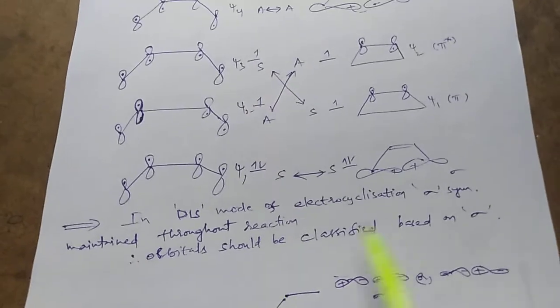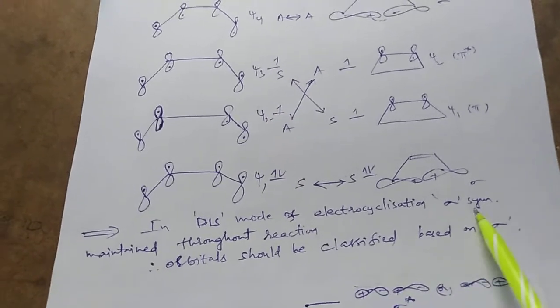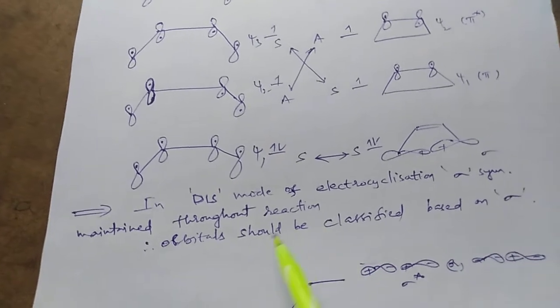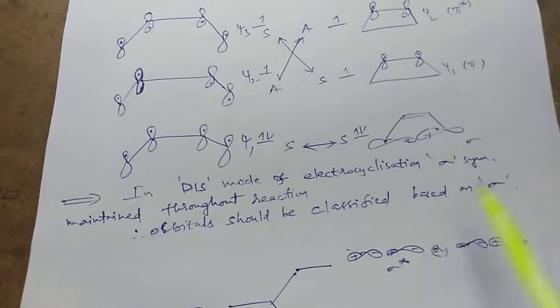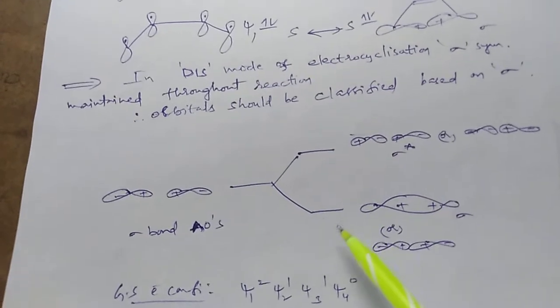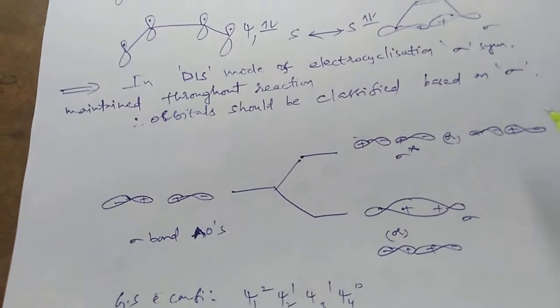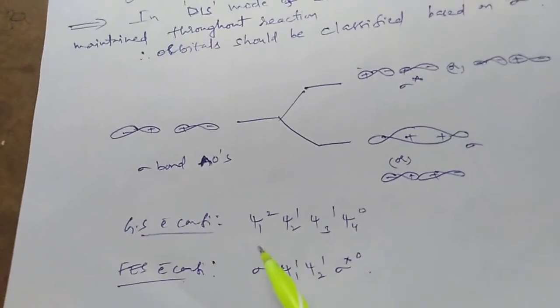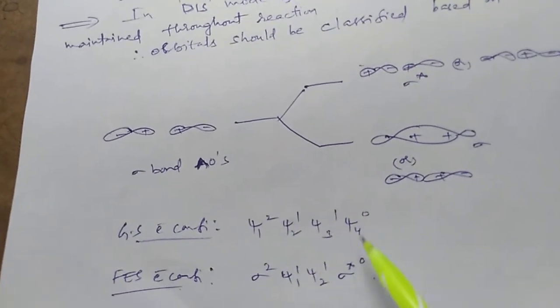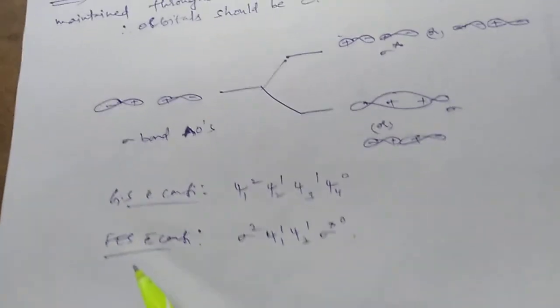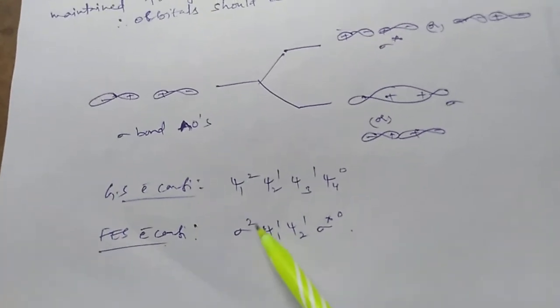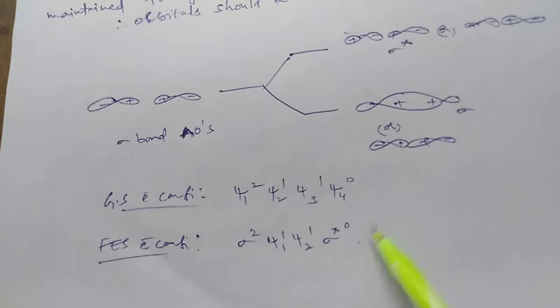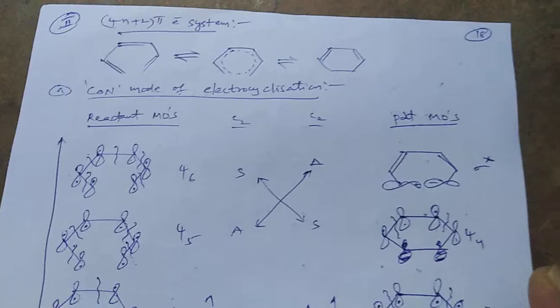In this mode of electrocyclization, the sigma symmetry is maintained throughout the reaction. Orbitals should be classified based on the plane of symmetry. So we have bonding and anti-bonding sigma bond orbitals. Ground state configuration: Psi1 2, Psi2 1, Psi3 1, Psi4 0. But for the first excited state electronic configuration: sigma 2, Psi1 1, Psi2 1, sigma star 0.